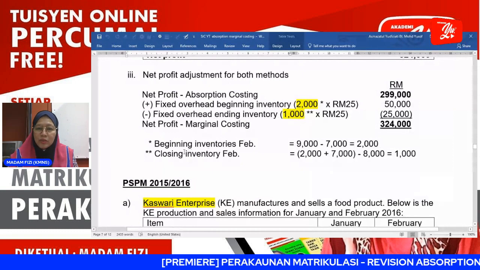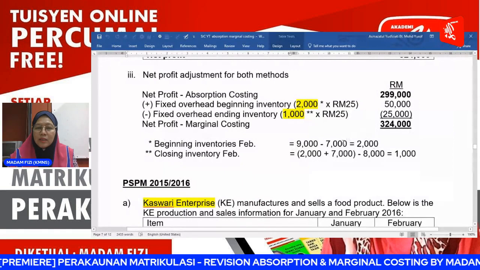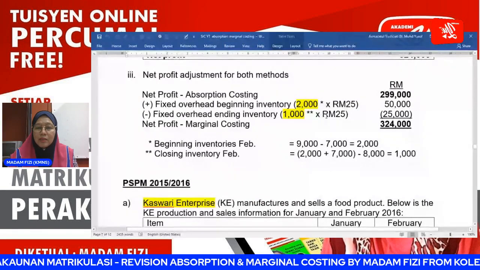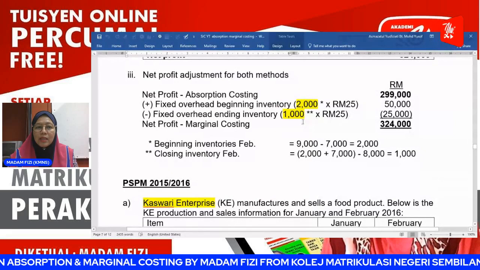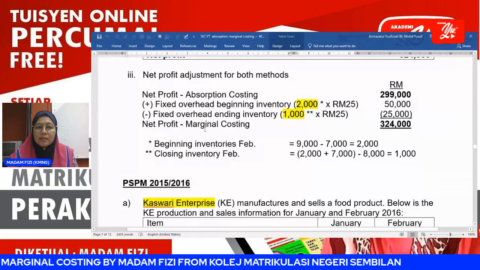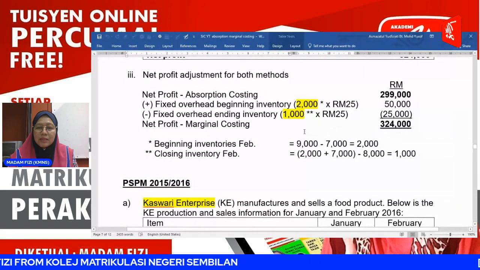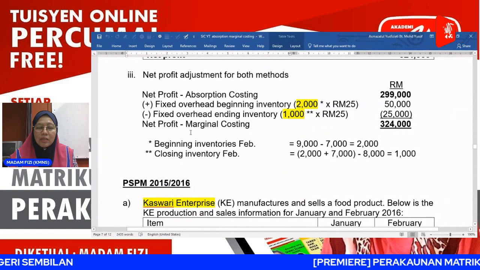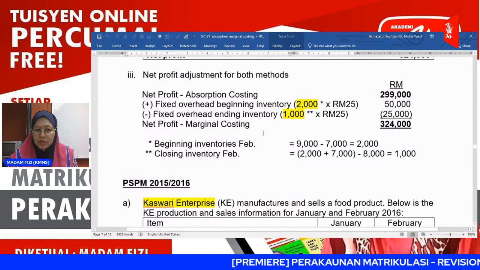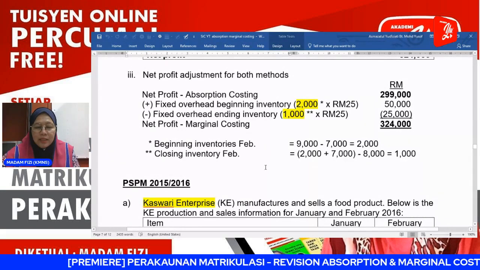The calculation is also here, multiplied with the fixed cost per unit, 25 ringgit. Okay, and then you get 324,000, which must equal the net profit of marginal costing. Okay, so I hope you can understand.